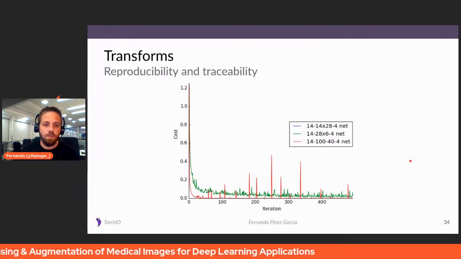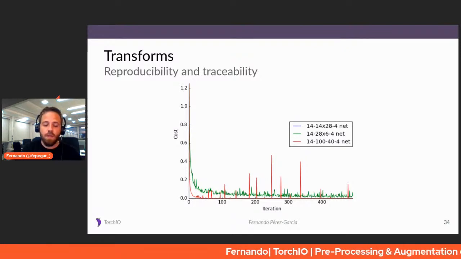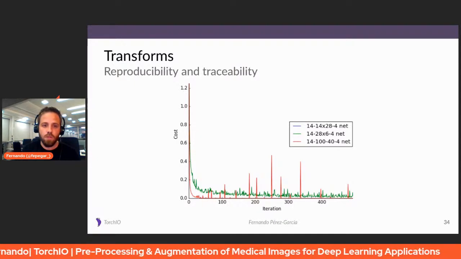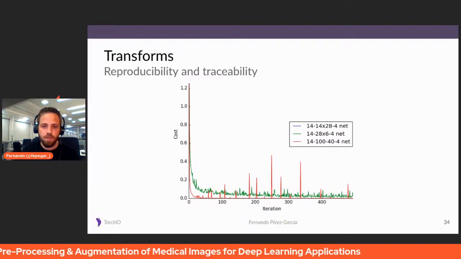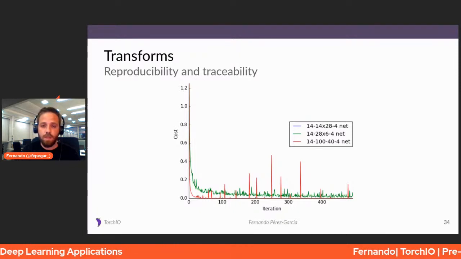Something that TorchIO focuses a lot on is reproducibility, and we want all experiments to be reproduced exactly the same. So it works very well with TorchIO, with PyTorch, random number generators, etc. The seed can be set at the beginning. You'll have the same augmentation again, because all random numbers are handled by PyTorch.